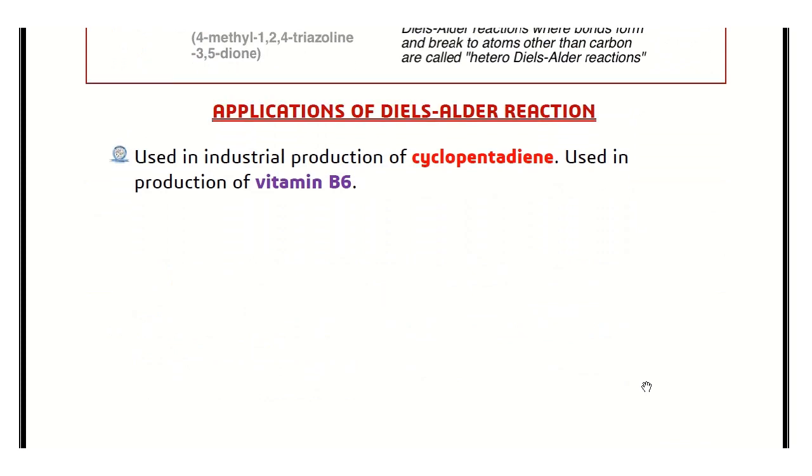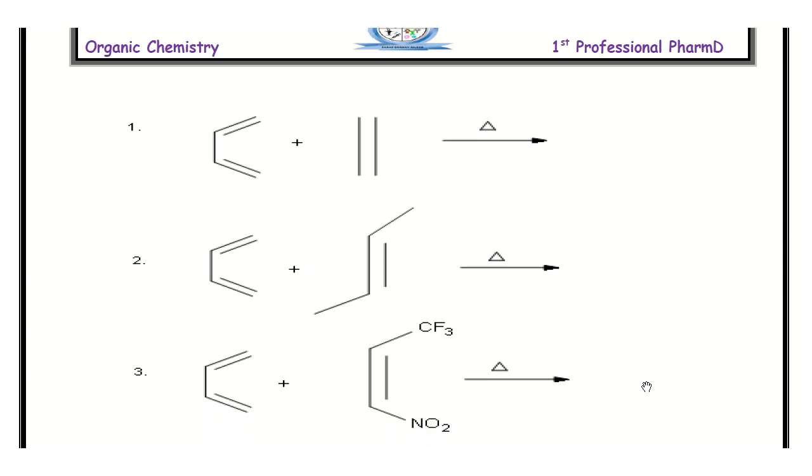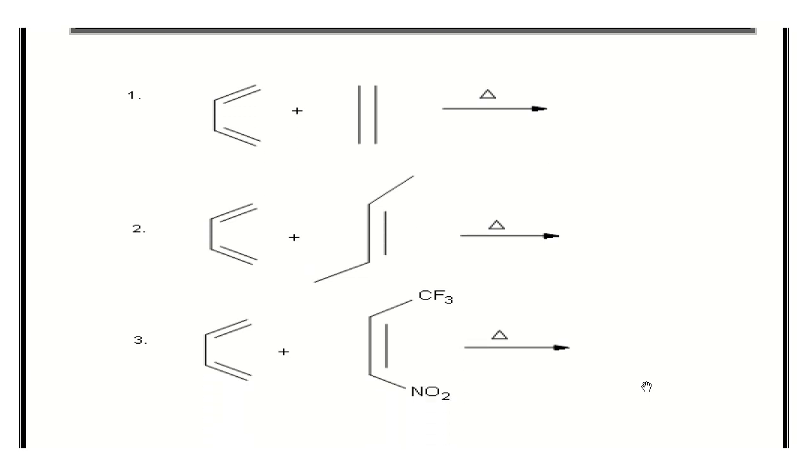Clear? So now these are the different examples of the Diels-Alder reaction. You have to do this for your practice. Practice these different diene and dienophile reactions, and observe what the product will be.